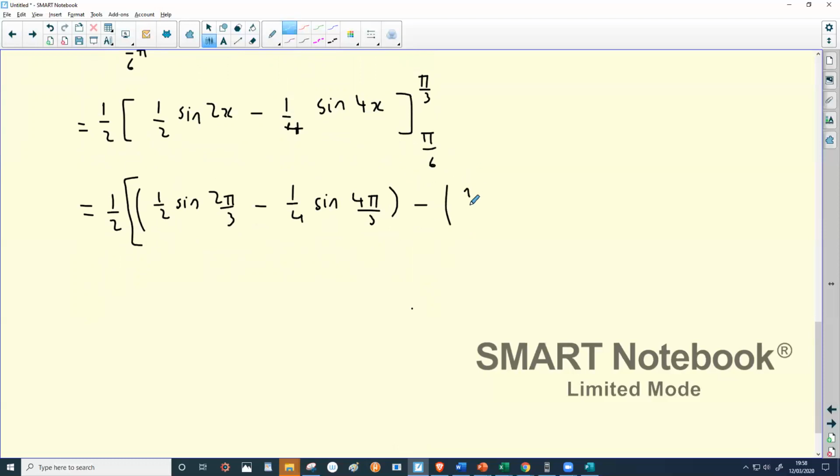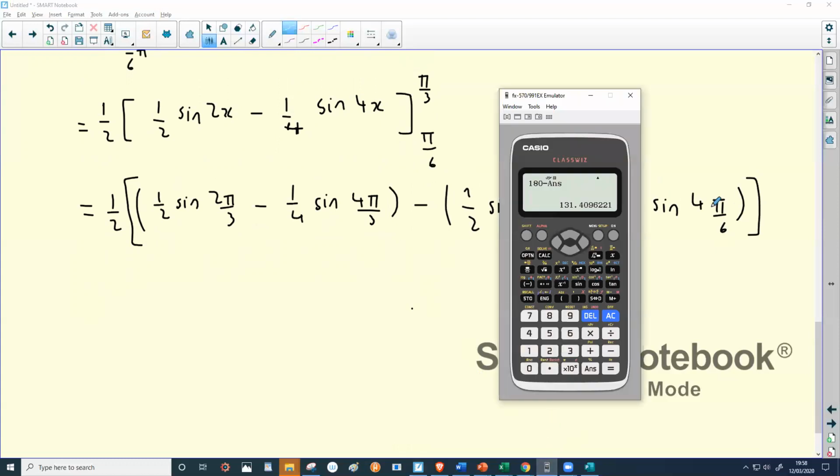And here I'm looking at a half sin(2 pi over 6) minus a quarter sin(4 pi over 6). At this stage, I'm going to use my calculator to work this out. I need to make sure my calculator is in radian mode. So I'm going to change the angle unit to radians.